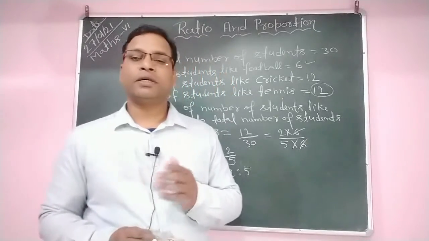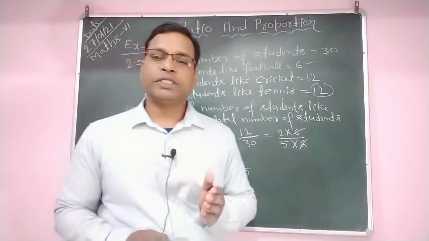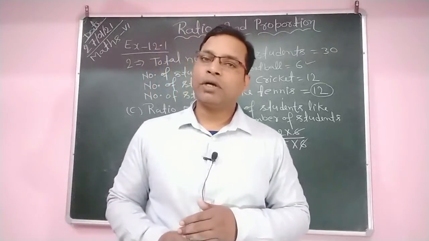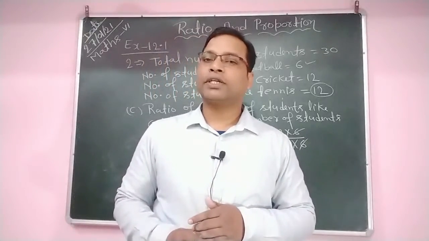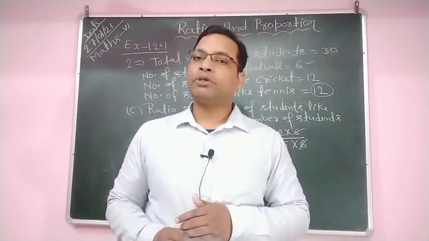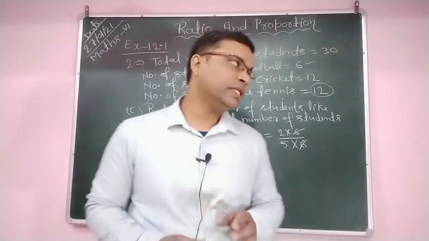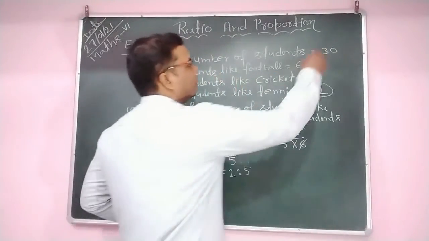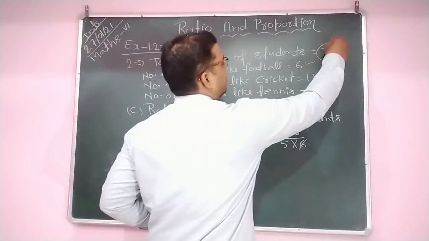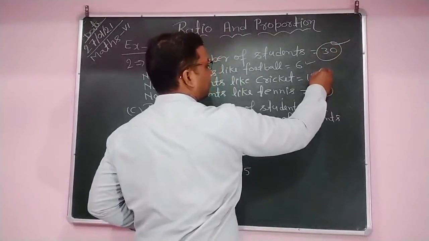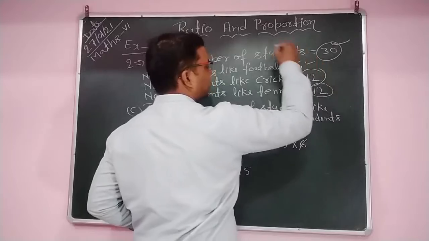And the third part of this question is to find the ratio of the number of students who like cricket to the total number of students in the class. The total number of students in the class is 30, this is given, and the number of students who like cricket is 12, this is also given.